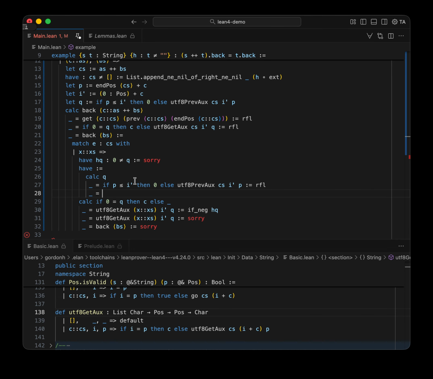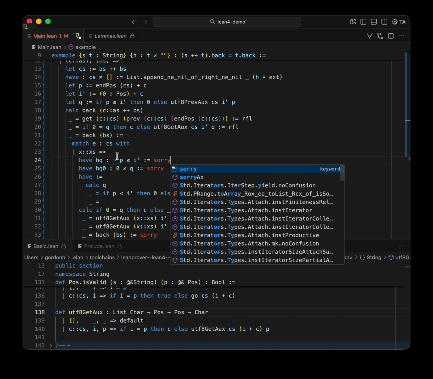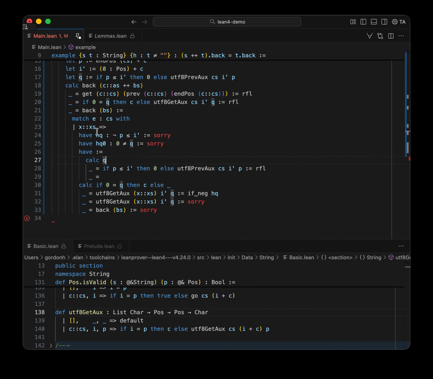The reason that we can get to this is because of a prior fact stating that this is false. So we'll have to prove this and then derive HQ0 from this. Great. Even more things to consider.